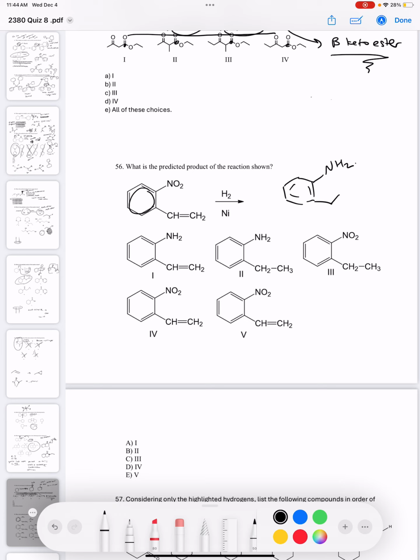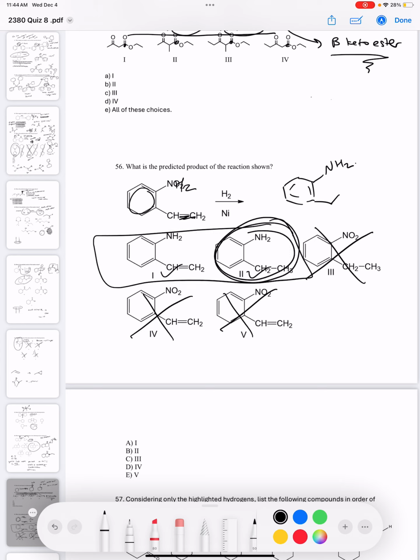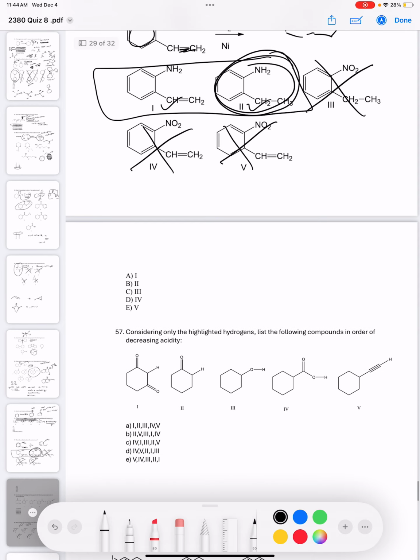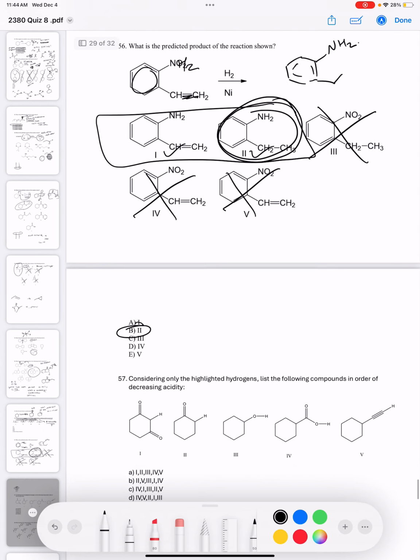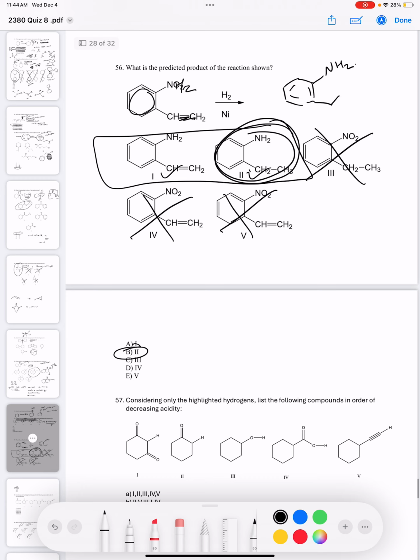So it would both eliminate this and turn this into an NH2. So what we're looking for is to make sure it switches to the amine. Here it switched to amine, here it switched to amine. This one stayed nitro, this one stayed nitro, this one stayed nitro. So none of those will work. So it's just one of these two. And so I'm choosing answer choice B, because it also can eliminate the alkene here.